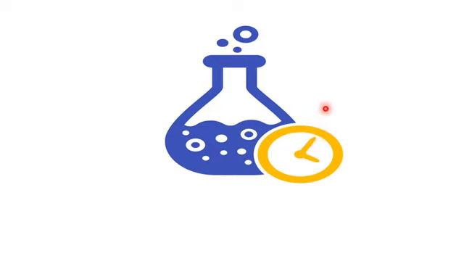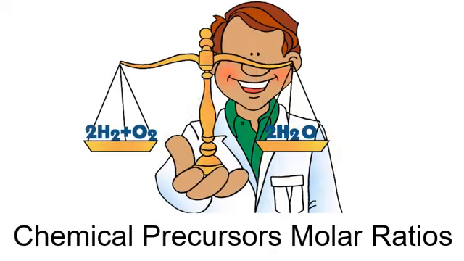So both the chemical reaction time and the temperature of the solution in the sol-gel process play an important role. Another physical parameter to be considered in the sol-gel process is the chemical precursor molar ratio. Please note that the chemical precursor molar ratio, a physical parameter at the start of the sol-gel process, plays a vital role in achieving the desired nanoparticles, nanomaterials, nanorods, or nanopillars.